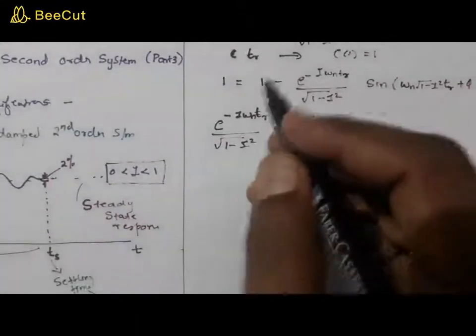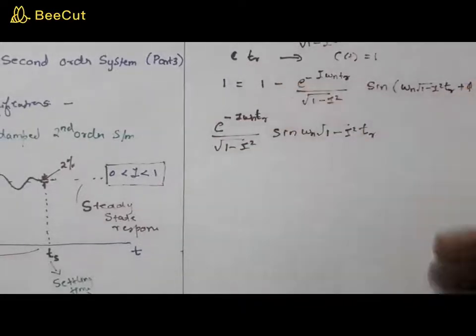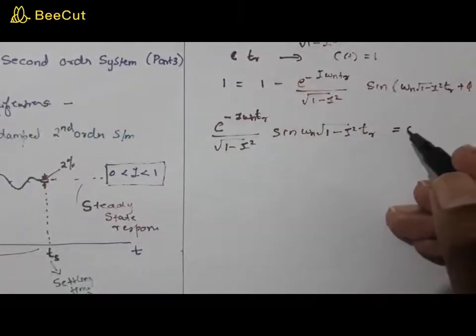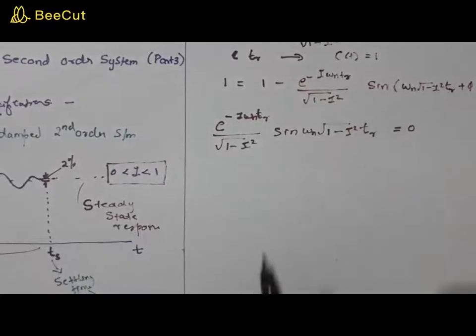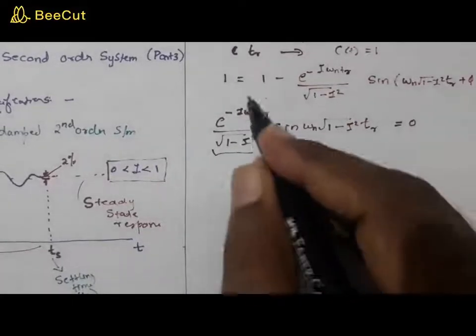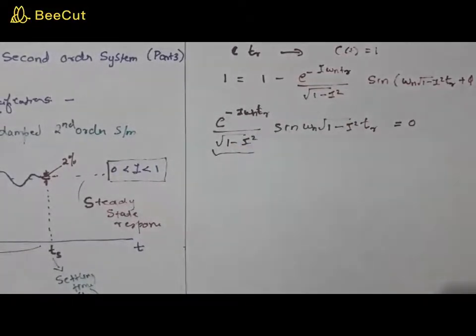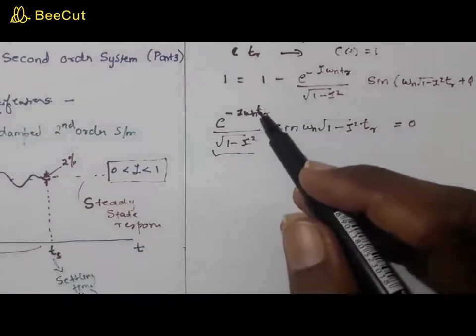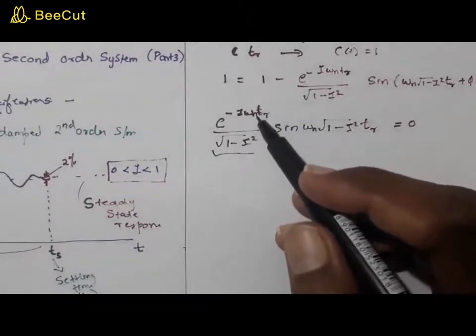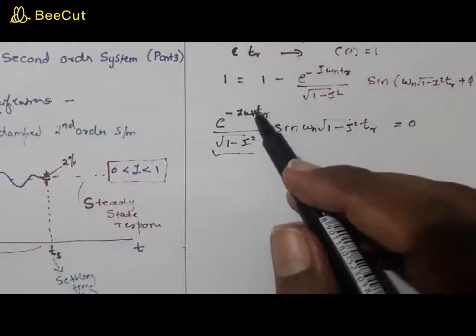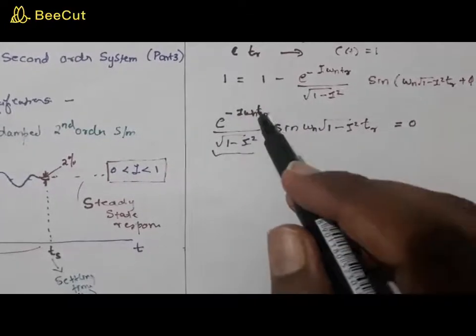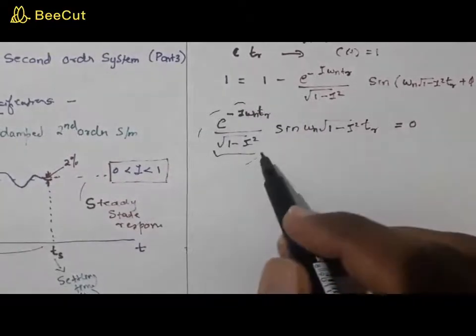Now, this 1 and 1 get cancelled, that means this quantity becomes equal to 0, right? Now, this cannot be equal to 0 because this is an exponential signal. As long as there is some amount of time, this TR will be a positive quantity, so this cannot be equal to 0.